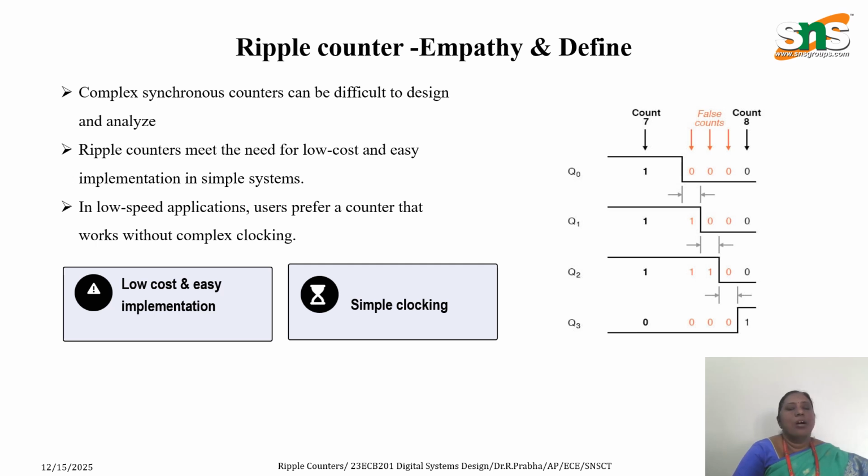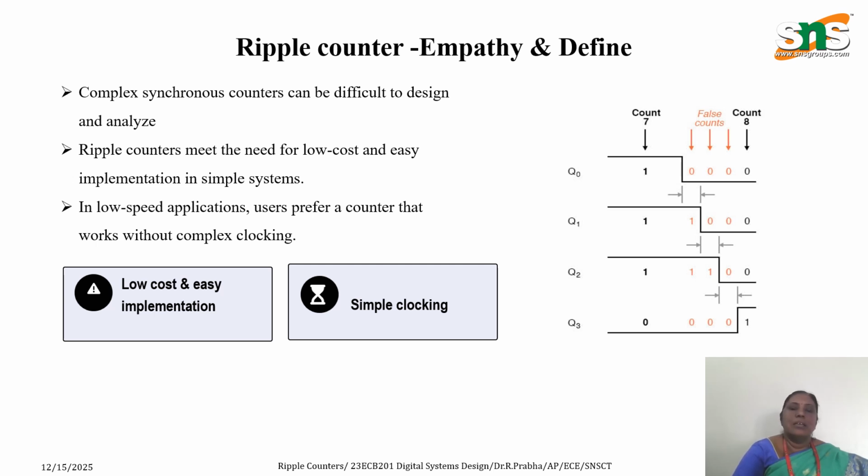Because of the common clock signal in synchronous counters, the system becomes very complex, and due to this complexity, cost increases. And in low speed applications, we require a simple design of counter such as the ripple counter.